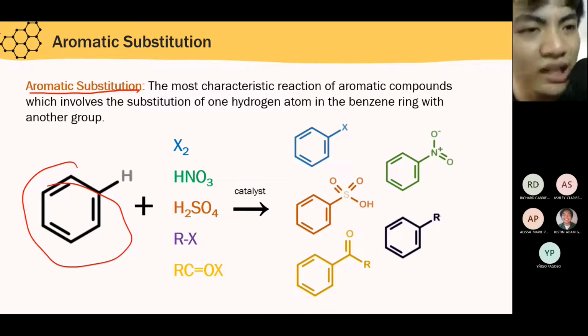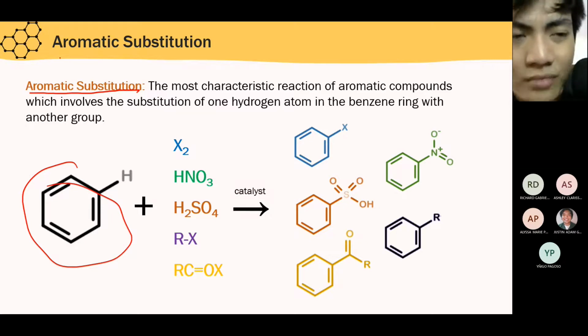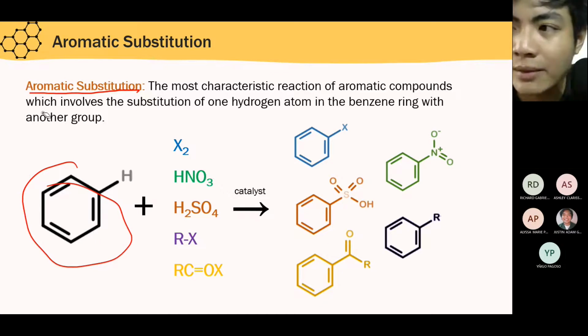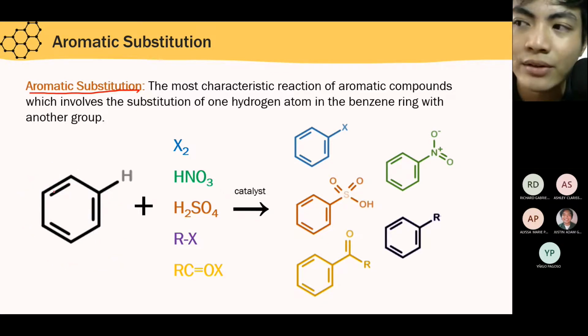Therefore, hindi mo siya kailangan sirain. Kailangan yung end product natin will not result in a destroyed benzene molecule. Although it is possible, most of the time, we do not want that to happen. Ayaw natin masira yung alternating double bonds, ayaw natin masira yung aromaticity ng ating benzene.